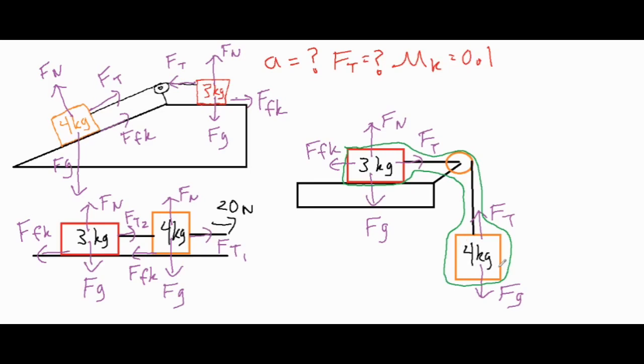And clearly, because of this 4 kilogram mass hanging off the edge and only a little bit of friction, we're just going to go ahead and assume that everything is going to be moving. So we'll say this direction, everything is going to be positive.